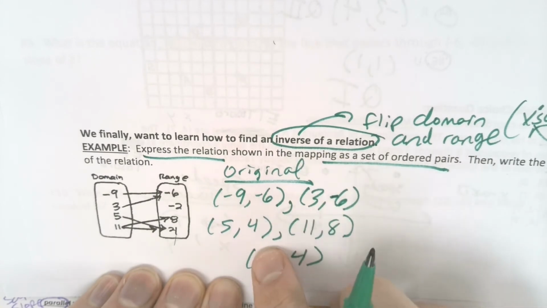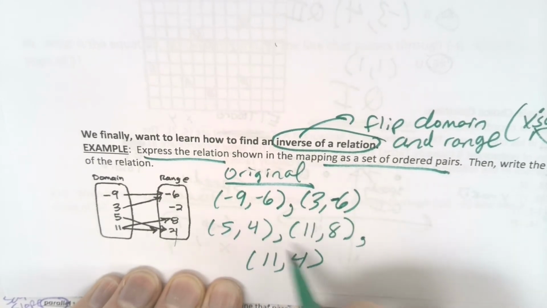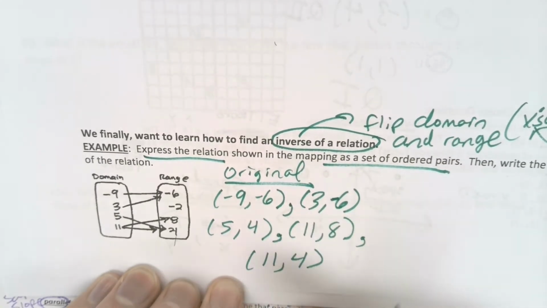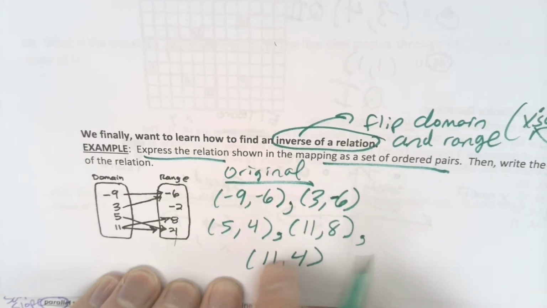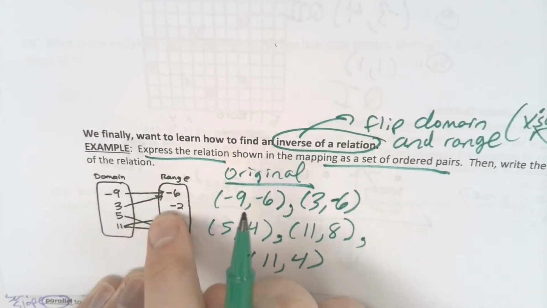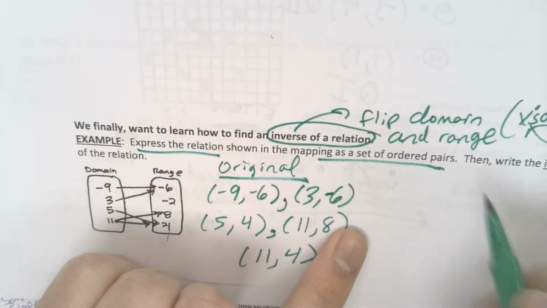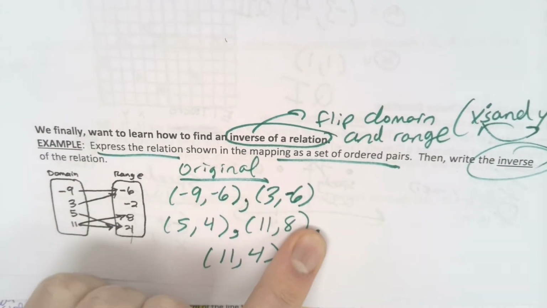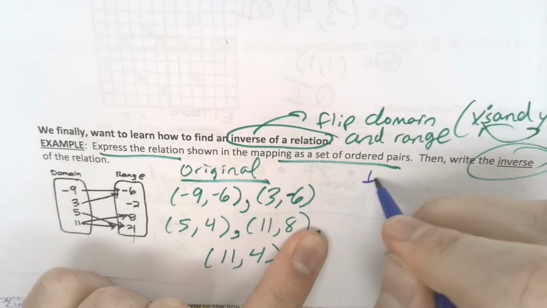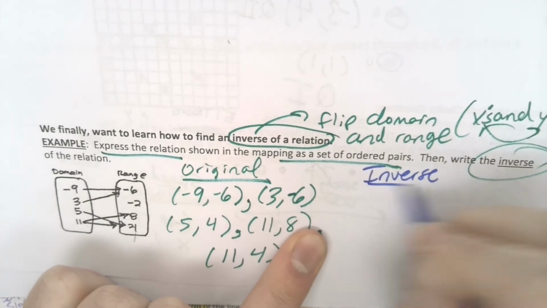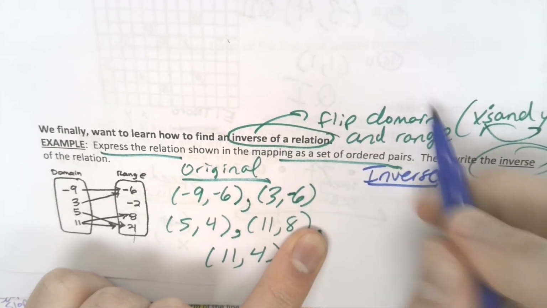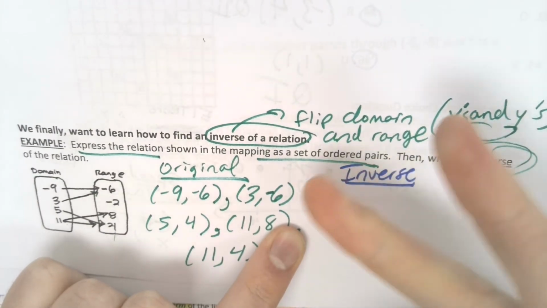So here's a list of ordered pairs. These are commas. Yep. Now, write the inverse. So the inverse is when the domain and range flip, when the x's and y's flip.